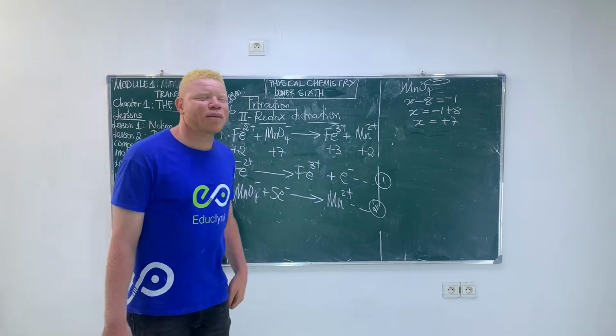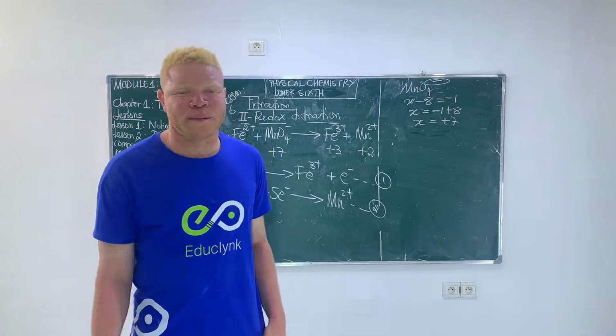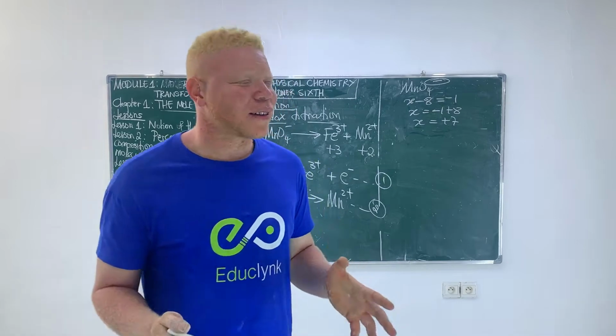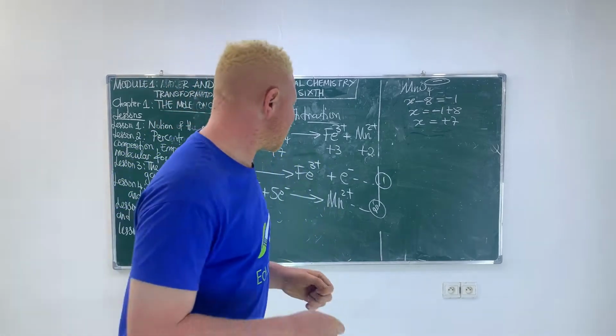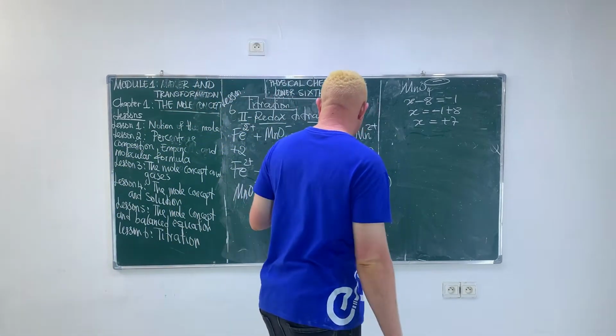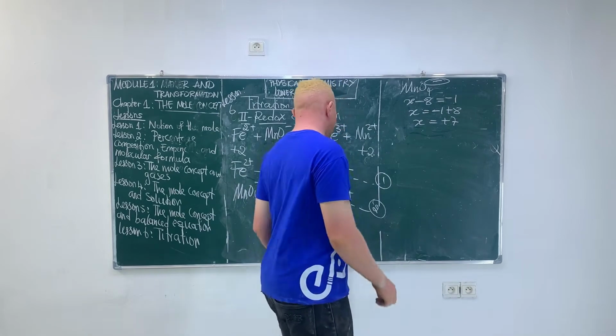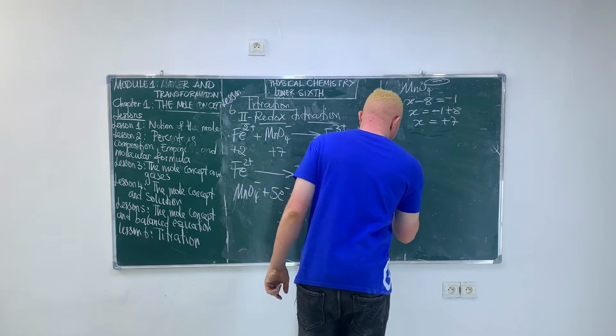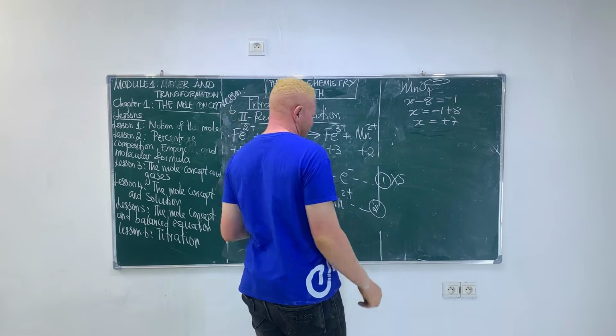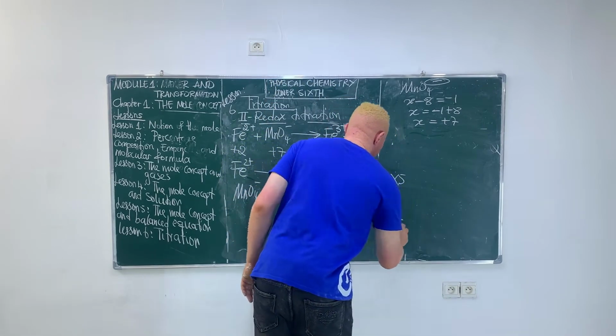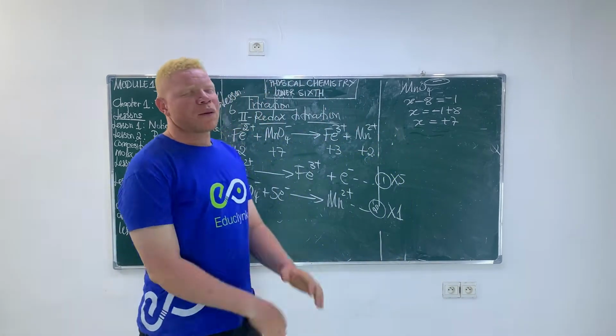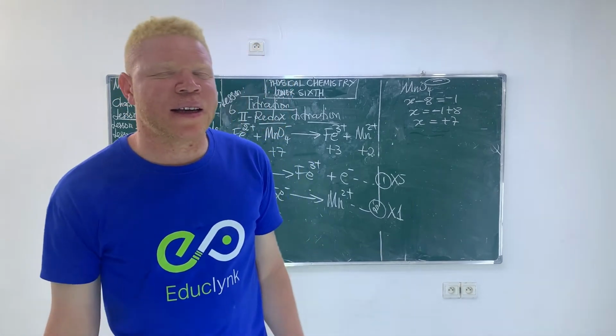So I realize that my equation is not balanced. The number of electrons is not balanced, so I balance the number of electrons. Here I have just 1 electron, so I multiply it, and here I have 5 electrons. I add up the equations.